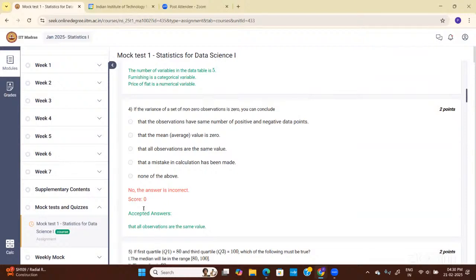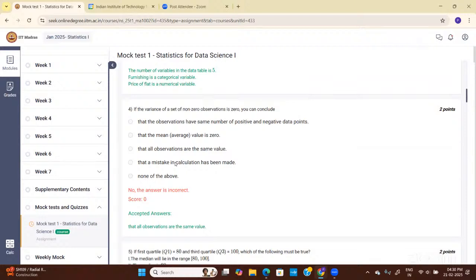Yes. Okay, so see, the options are that the observations have the same number of positive and negative data points, incorrect; that the mean average value is 0, incorrect; that all the observations are the same value; and that a mistake in calculation has been made. None of the above.